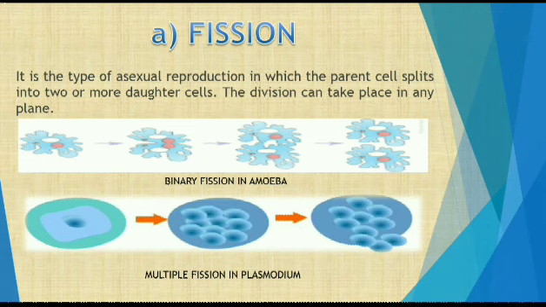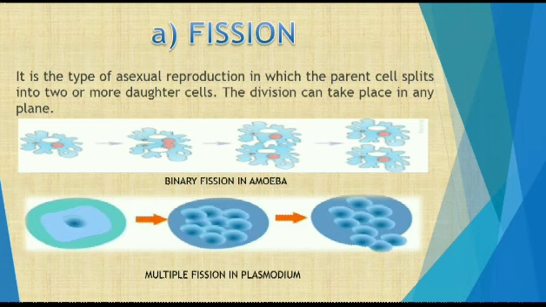In binary fission, the organism breaks down into two parts only, but in multiple fission, the organism is divided into more than two bodies. The best example of binary fission is amoeba and paramecium. The best example is amoeba. In your syllabus, the amoeba example is there, not paramecium.